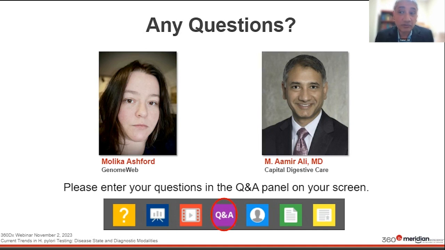I also think it's important to ask the patient because we've shown time and again that patient tolerability of tests and treatments are predictive of adherence. So if you mention the available modalities and the patient has an aversion to doing a stool test, then they're more likely to perform and actually complete the breath test.